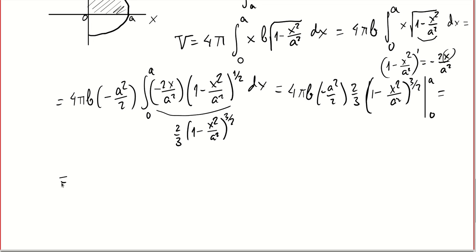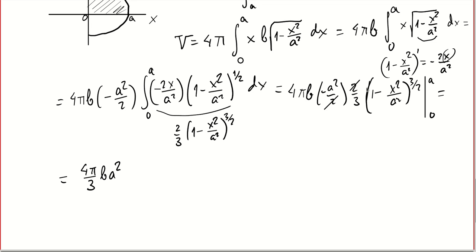Let's see. There is a 2 here, there is a 2 here, it goes away, so we have 4 pi divided by 3 b and a squared. Okay, and now for a, this is 0, right? Because you put a here, then this is 1, and 1 minus 1 is 0.